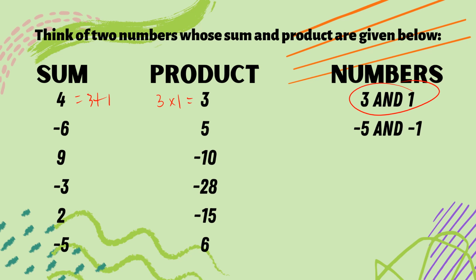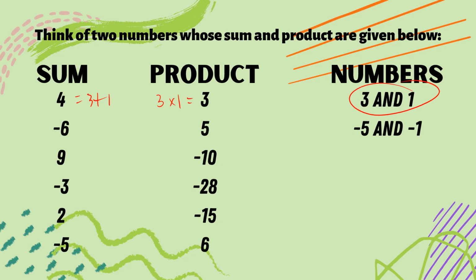Now, next, the sum is negative 6 and the product is 5. So, kung negative to, and this is positive, so isip tayo ngayon ng mga numbers na nasa negative at positive. Na kapag in-add natin, we'll get negative 6. And we know na makakakuha tayo ng sum na negative kapag ang ina-add natin ay dalawang negative or kapag ang dalawang numbers na ina-add natin, mas mataas yung negative, yung digit ng negative.